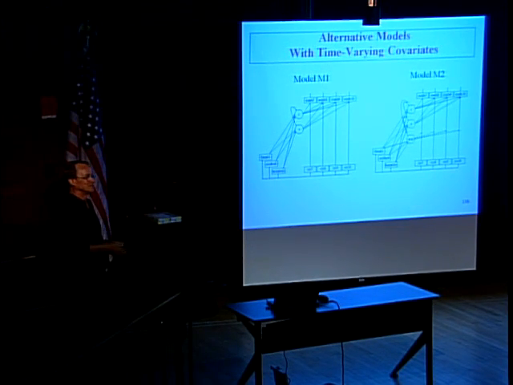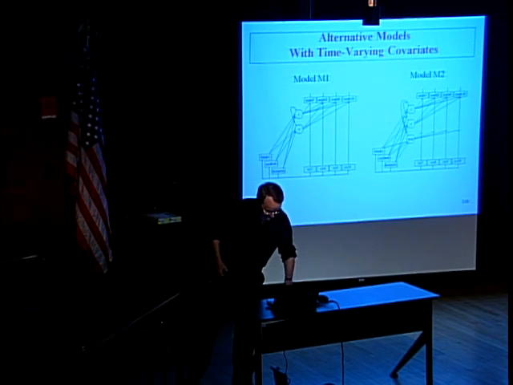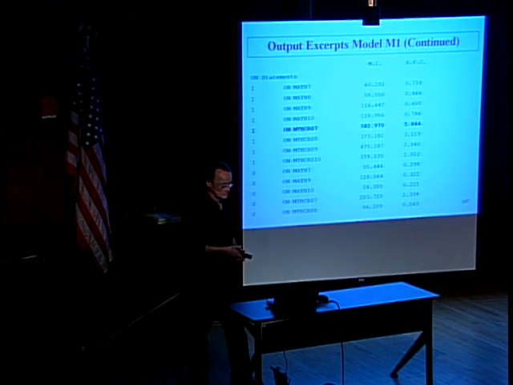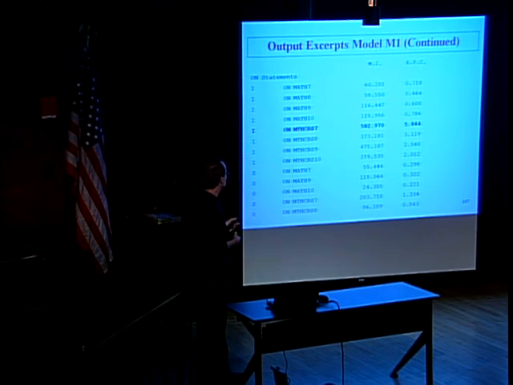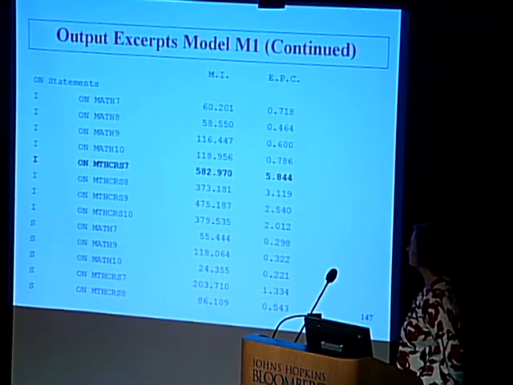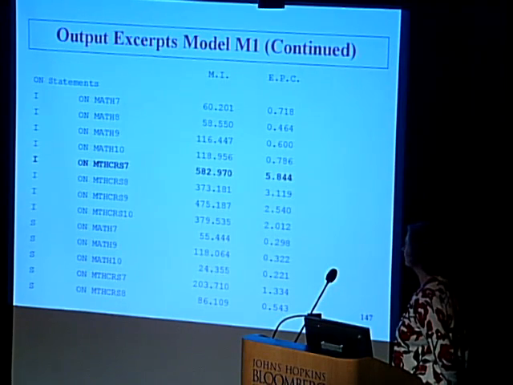Yes, somebody had a question on slide 147, where you have the model modification. You pointed out the one that has 588, but I was wondering about, for example, the one that has 475, two rows below. Is that also concerning? How do you determine which one is concerning? So we're on slide 147, and we looked at I on Math Course 7 as a modification index.